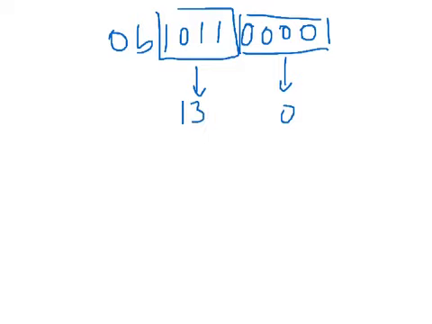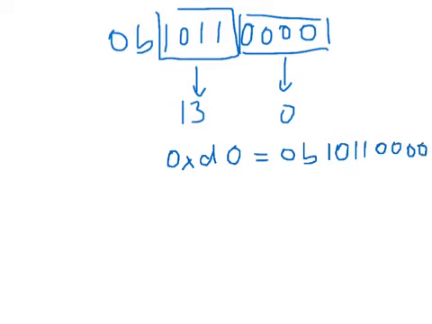So this block corresponds to 13, and this block corresponds to 0. Now what was 13 again? We can write 0xD0. And so 0xD0 in hexadecimal is equivalent to 0b10110000 in binary.